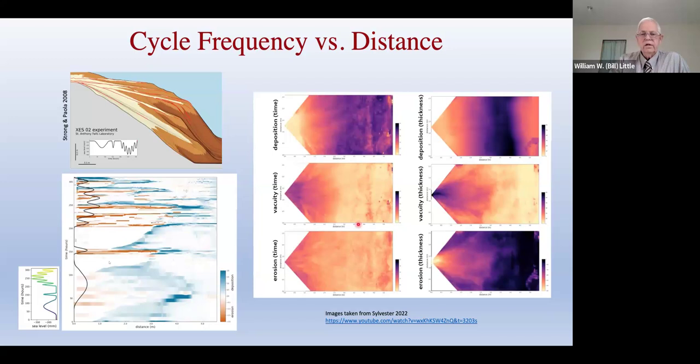And the opposite is also true, that the amount of erosion is going to decrease from the land out into the basin, and we can just combine the erosion and the vacuity, because the erosion is removing the sediment that was here. Now, it's interesting to see, though, that there's a difference in the depositional thickness.